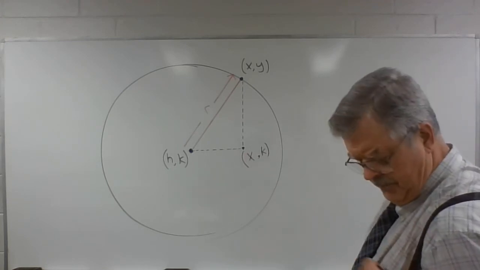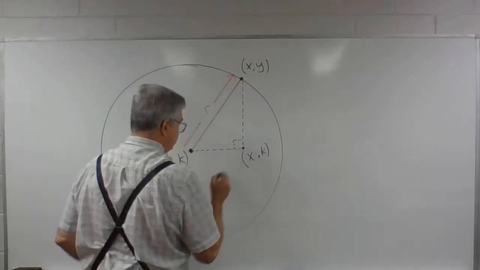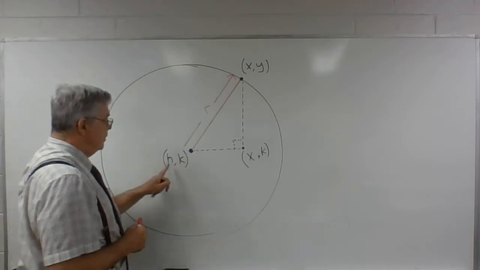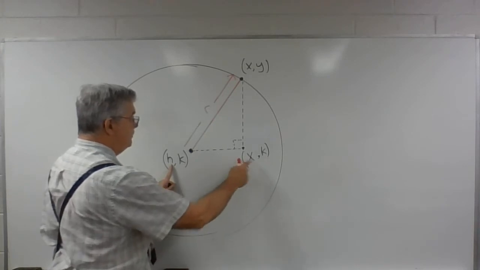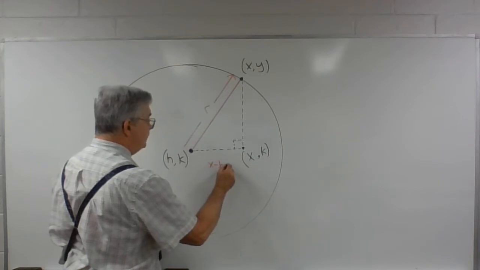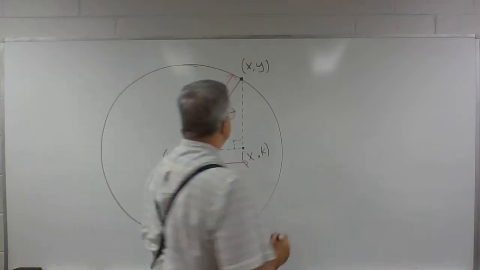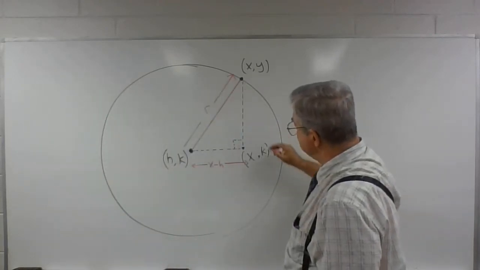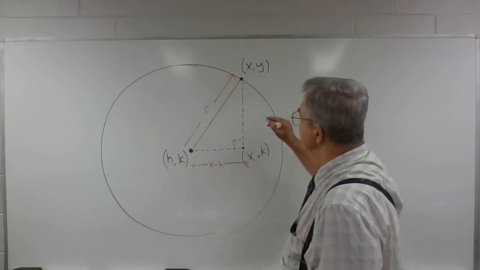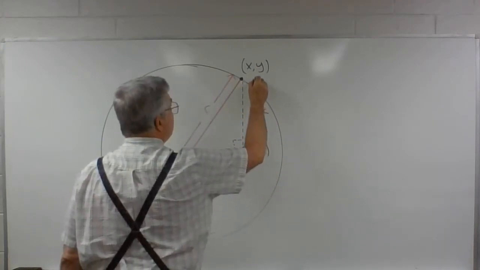And this is a right triangle. And the length of this side, let's see, we go from h to x. So the length of this side is x minus h. And this side, let's see, we go from y equal k to y equal y. The difference is y minus k.